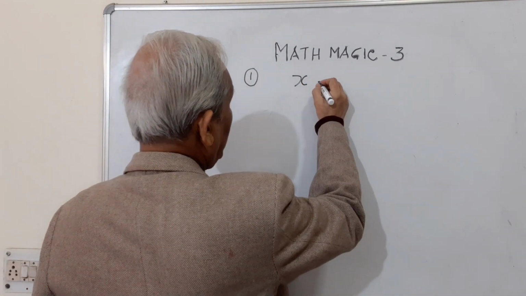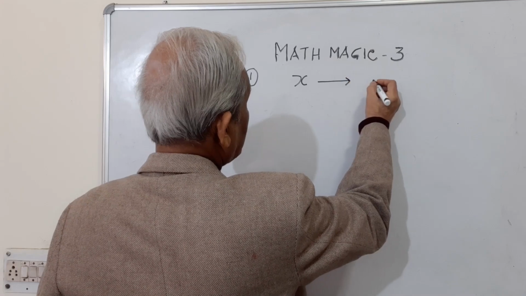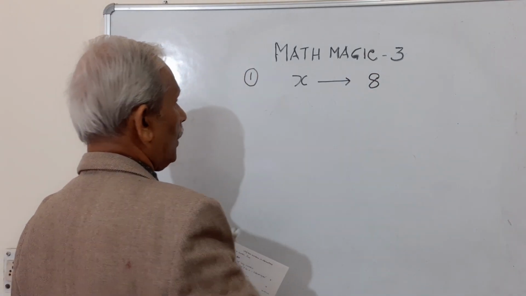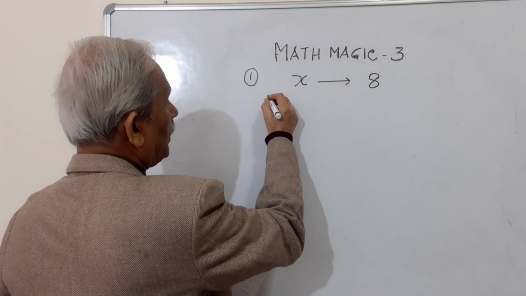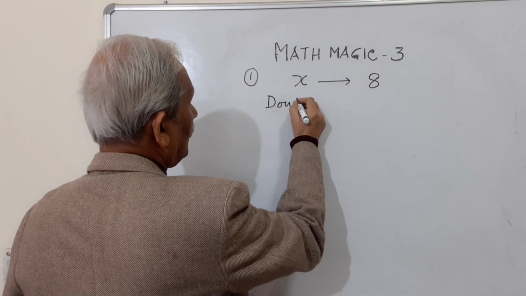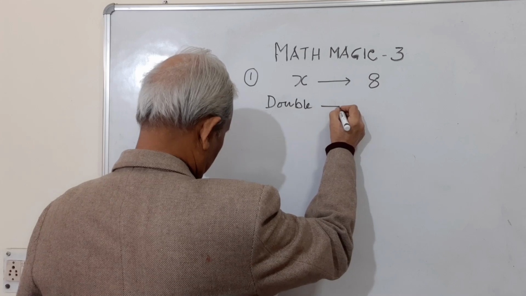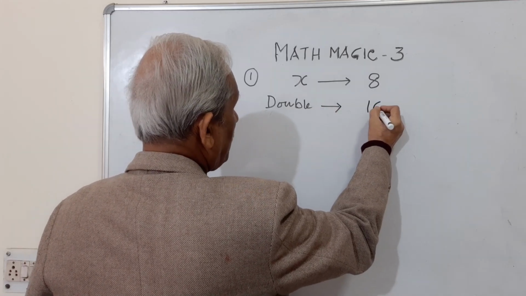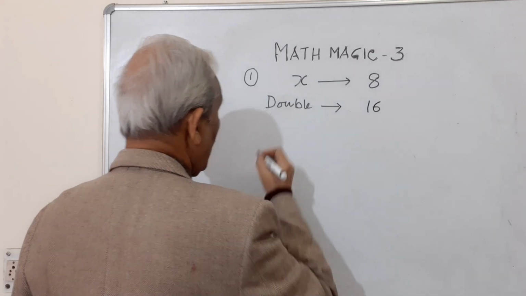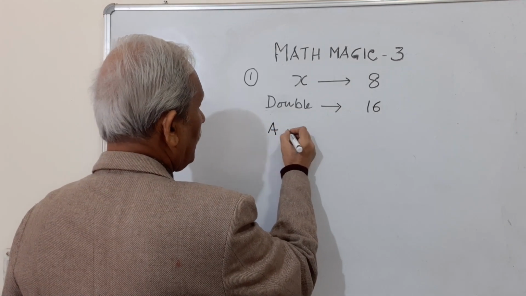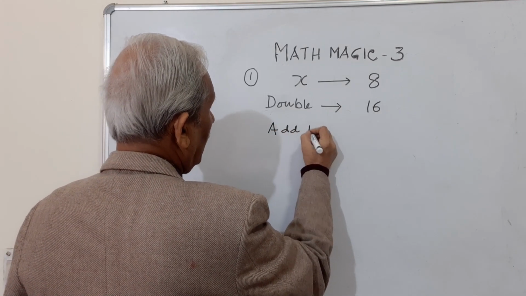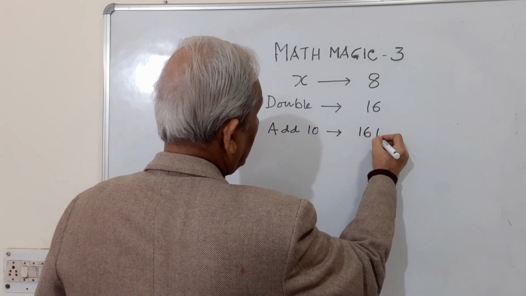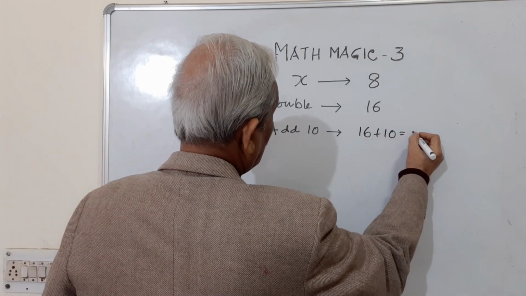And let that x be, say 8. Well, now I told you, double that number. Double that number, it becomes 16. Now add 10 to it. It becomes 16 plus 10, which is equal to 26.